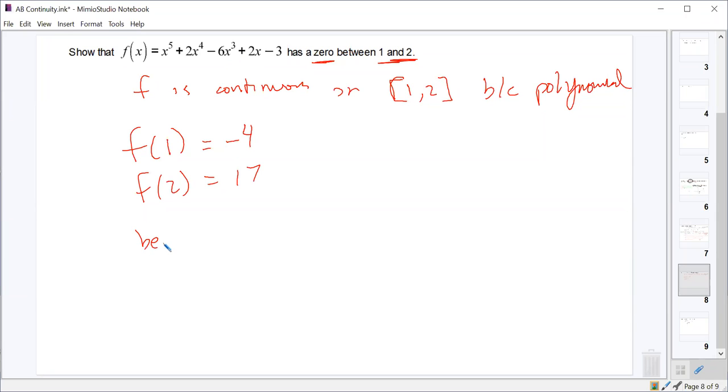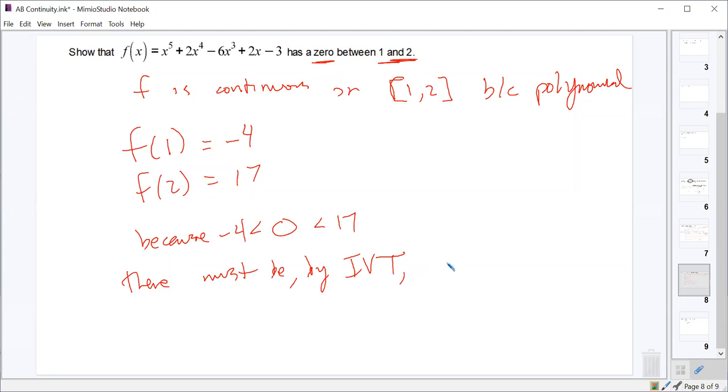So because 0 is less than 17 but greater than negative 4, there must be, by the IVT, a 0 on 1 to 2.